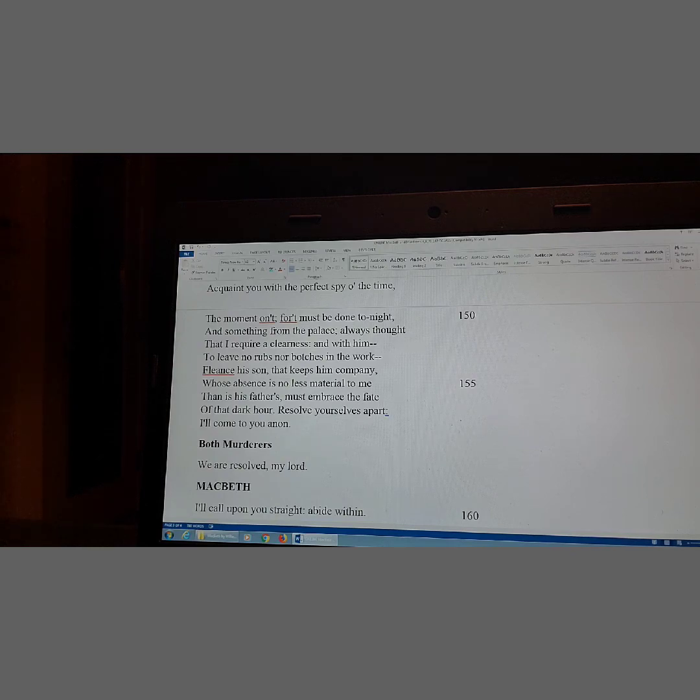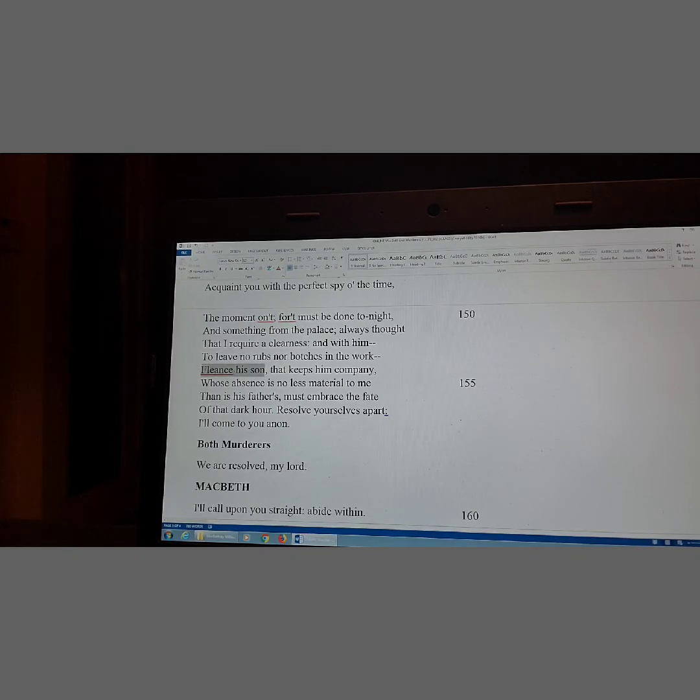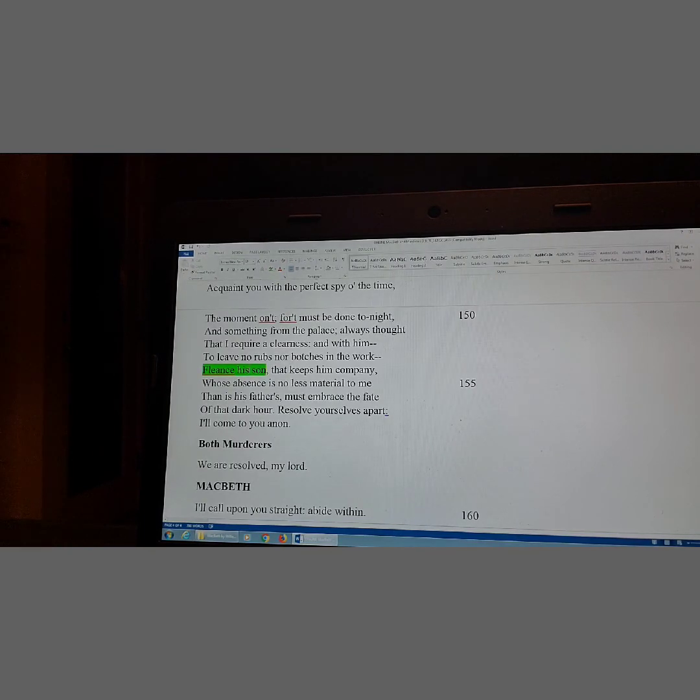And again, we're connecting this back to the speech that he just gave. Part of it is with Banquo, but the other part is that the speech he just gave at the beginning of Act 3 pretty much deals with this.